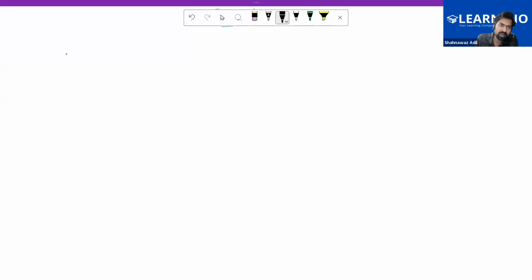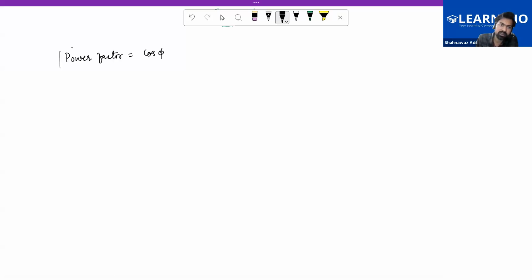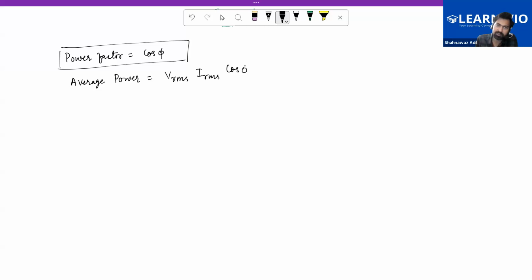We have the power factor, which is cos phi, and then we write the average power in the LCR circuit. This is written as VRMS, IRMS, and cos phi.